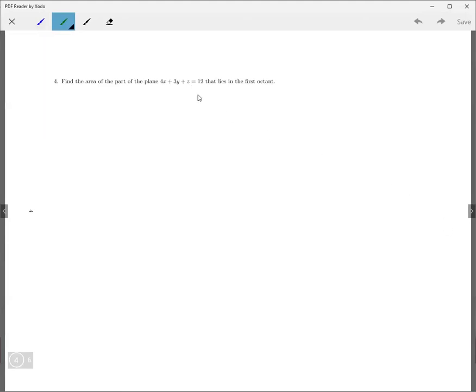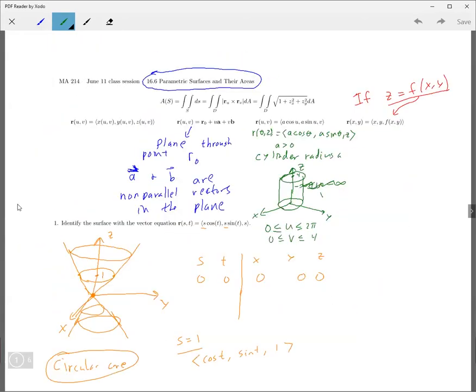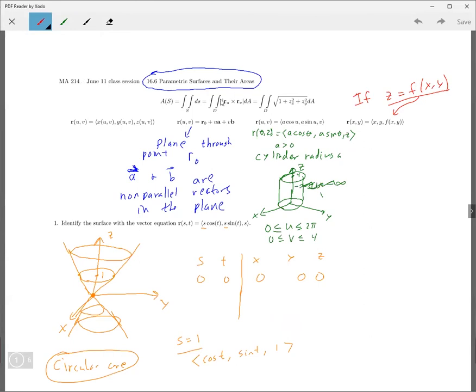Okay, so now we're actually going to use, let me go back to here. It's these formulas here, and you can use either the one on the left or the one on the right.